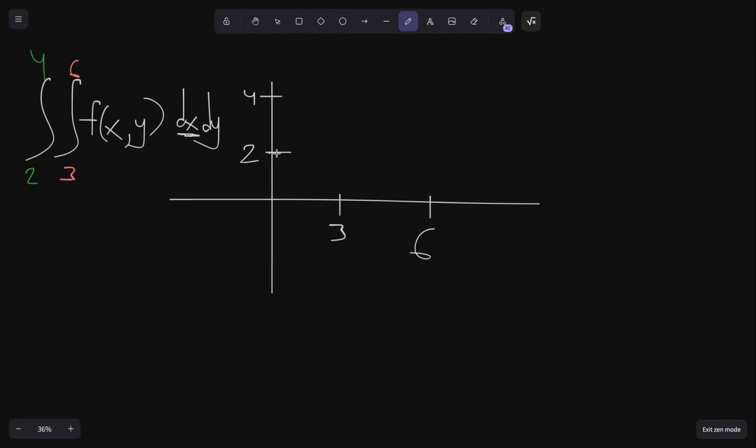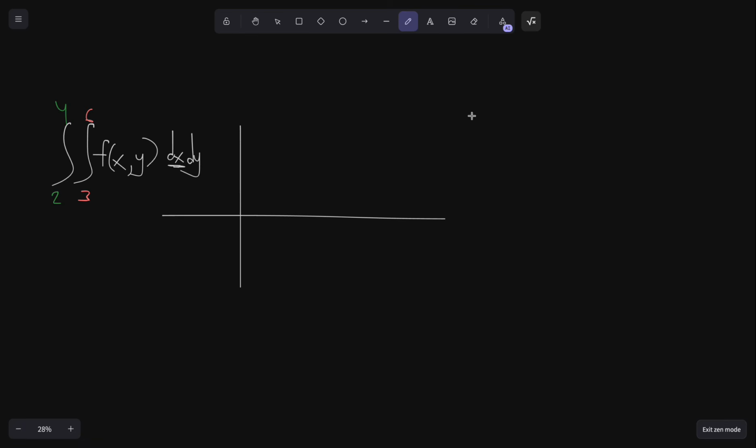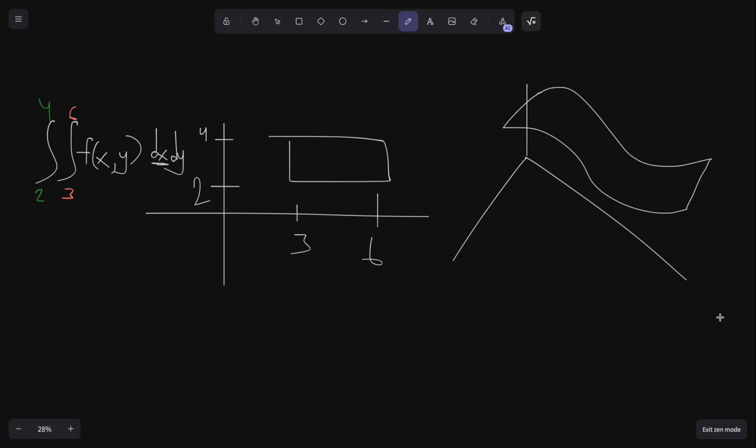But what happens if one of your bounds is actually a function? What happens if the region that you're looking at is weird? It's not rectangular. Usually, double integrals are associated with volume. If we look at this three-dimensionally, let's say this is the x-axis, the y-axis, and the z-axis.